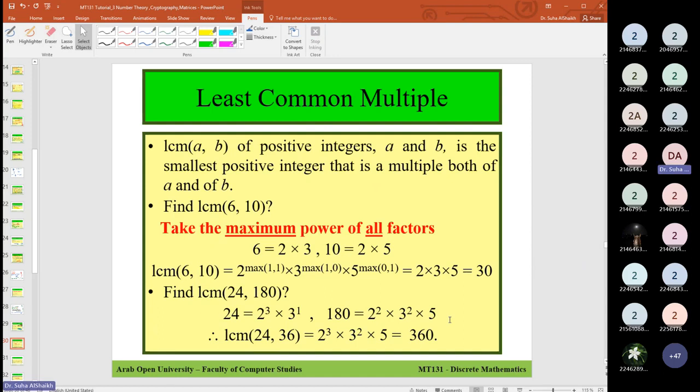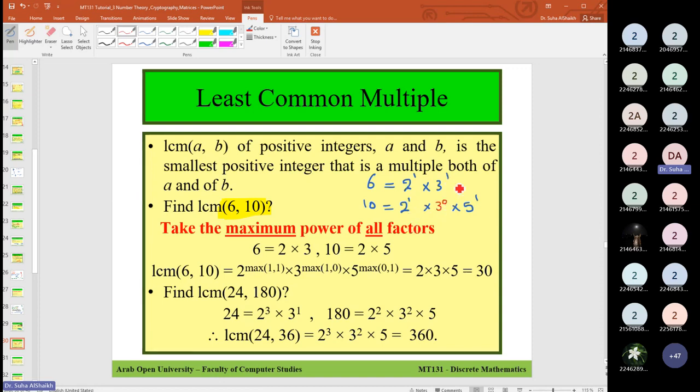Here the least common multiple, we already did that. The least common multiple means a multiple that is common and that's the least between the two numbers. For example, the LCM between 6 and 10: the 6 is written as 2 power 1 times 3 power 1, and the 10 is written as 2 power 1 multiplied with 5 power 1. Right? 10 is 2 times 5 and 6 is 2 times 3. If I arrange them, I put 2 and leave the other spot empty here.